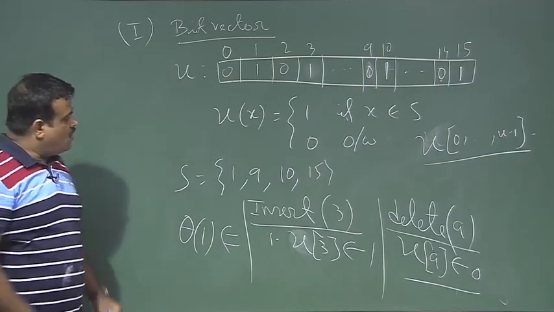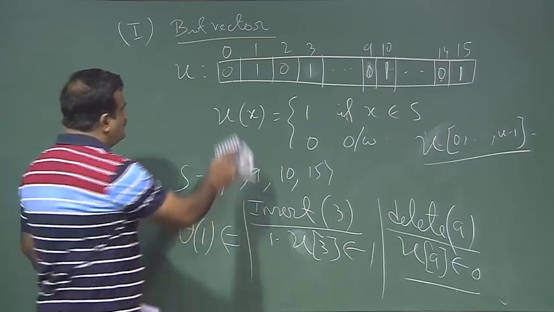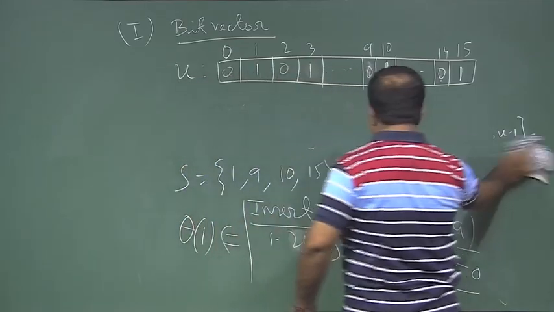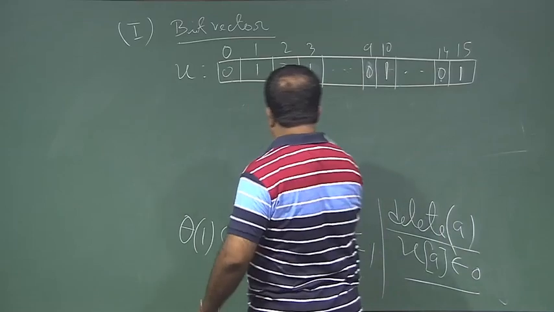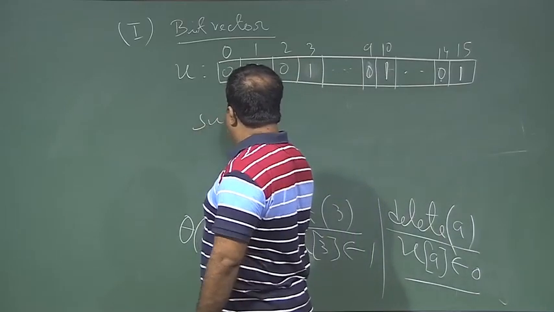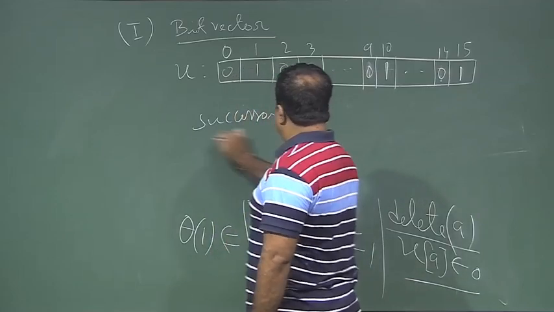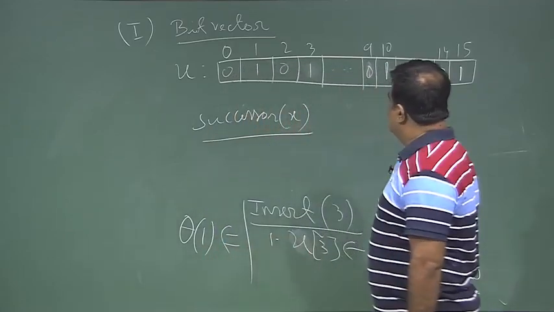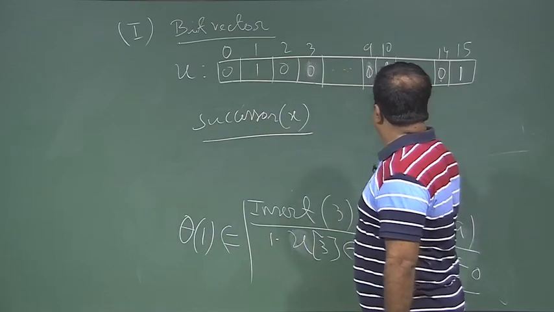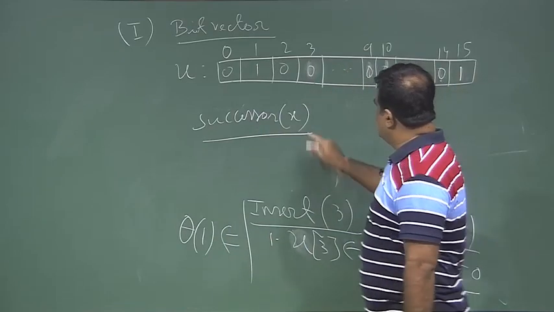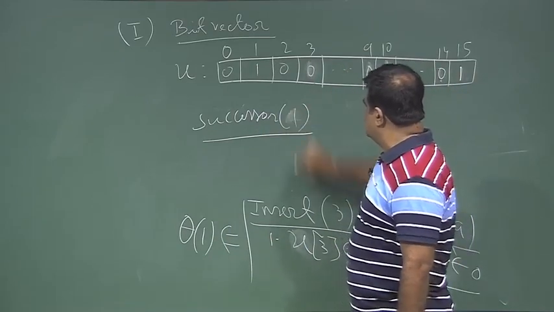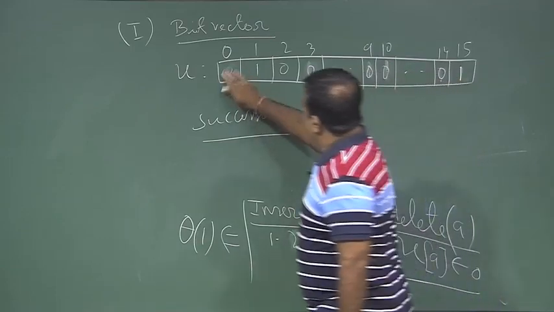Okay, now how to do the successor query? For the successor query, how much time will it take? Successor of x. Suppose all the elements are 0 except the last one, and suppose we want to find the successor of 1, or maybe we have a 1 here.